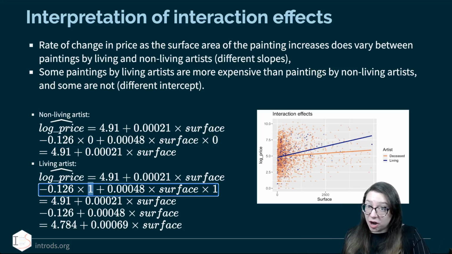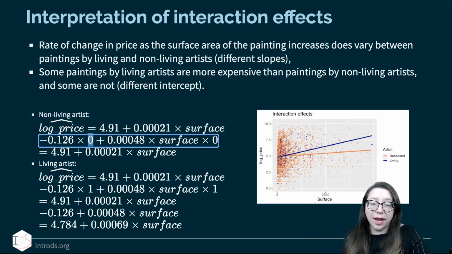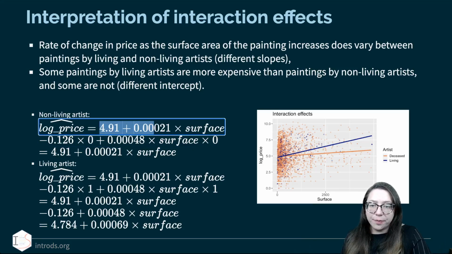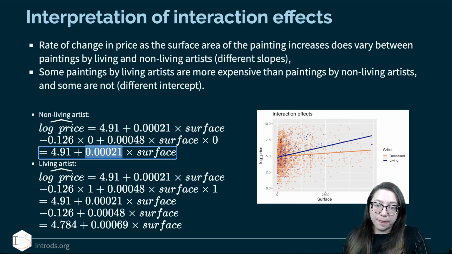Except the artist living variable now appears in multiple places, once on its own and once interacted with the surface variable. And so here, when we plug in a 0 for artist living, we basically end up with just the intercept of the model, times the slope for the surface area.